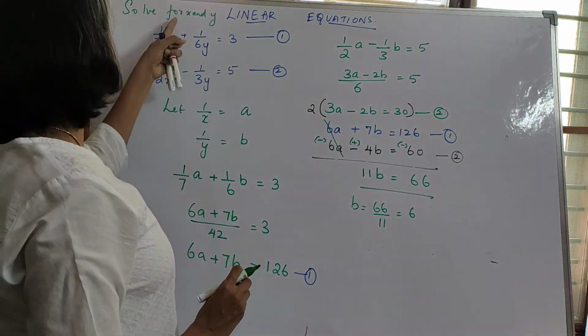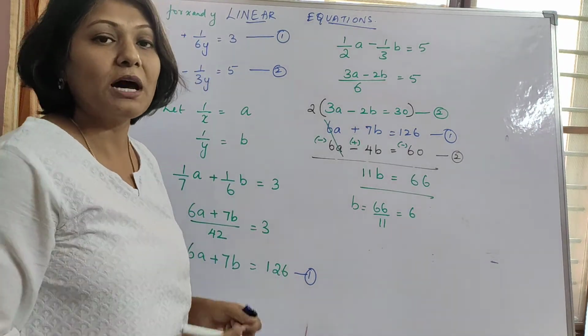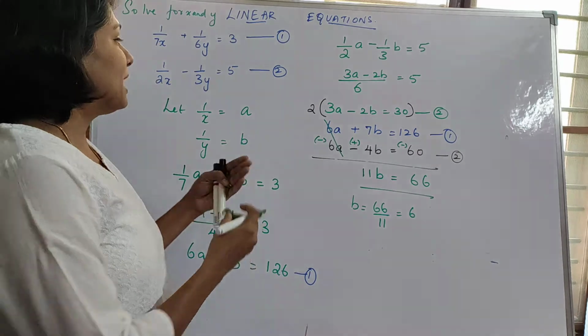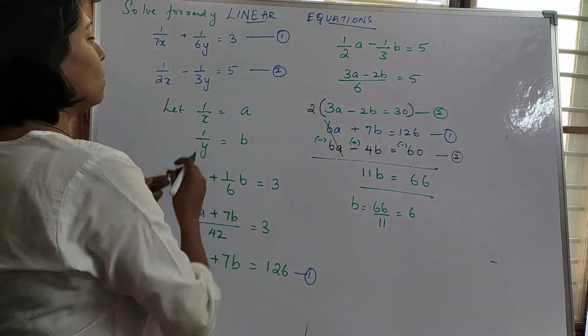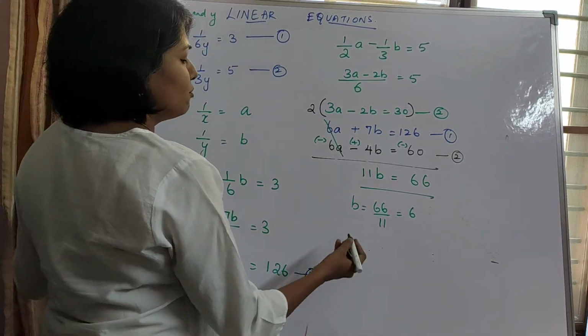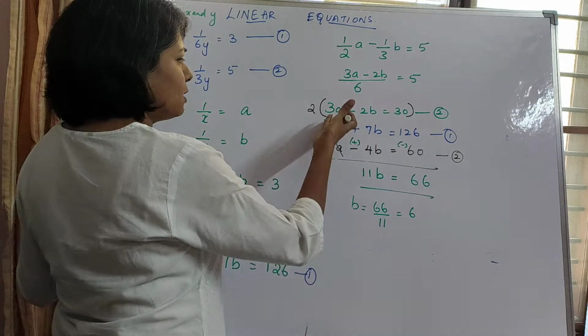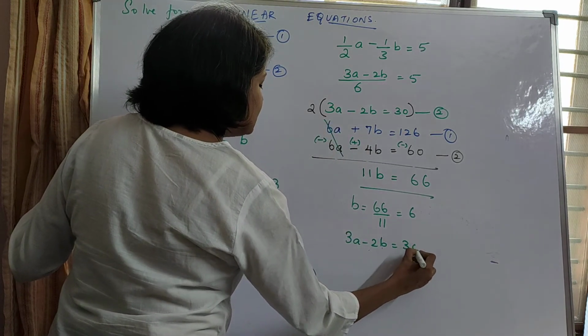Please remember, we are not expected to find a and b. A and b are things that we have introduced to make our work simpler. But let's find a also, and then find x and y. Since we know b, I feel 3a minus 2b is equal to 30 is the easier equation.